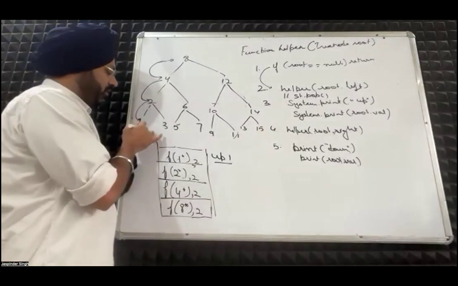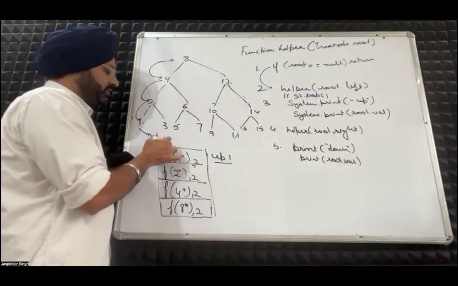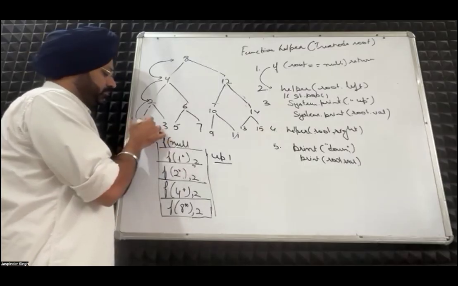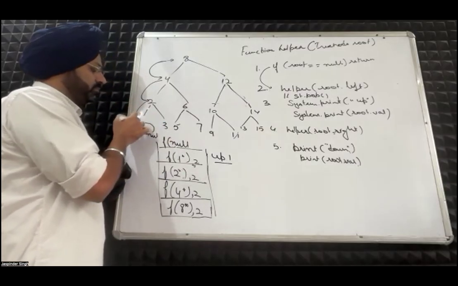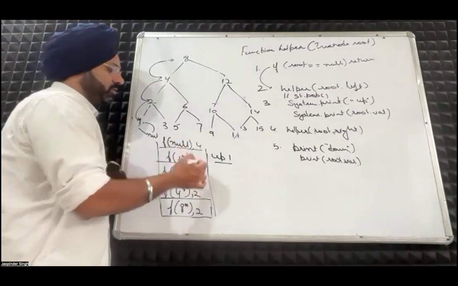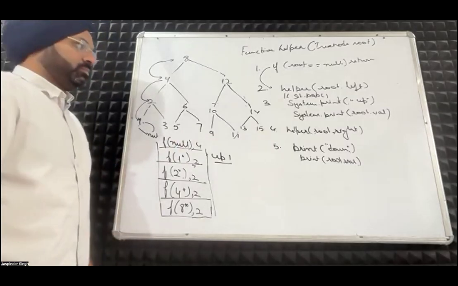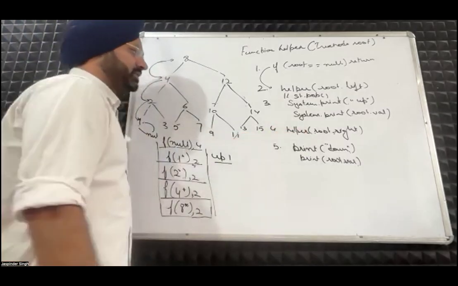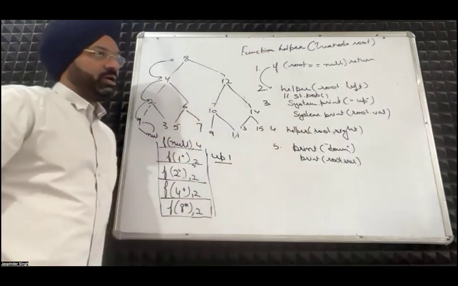That is, a helper call, a function call on null, happens. And it was called from which line? Line number 4. Helper of null happens. We hit helper of null.